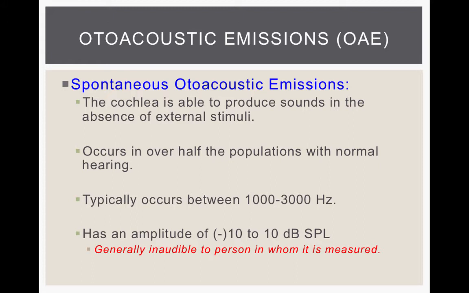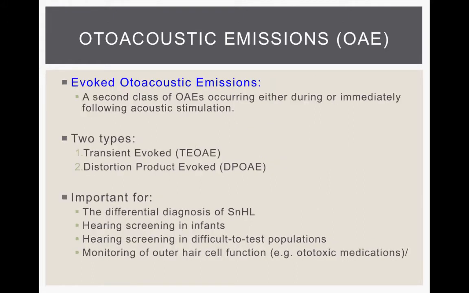And these spontaneous emissions are present in the absence of any external stimuli. So if you're just sitting very, very quiet and have a very, very sensitive microphone, I could put it in your ear and record these in 70% of people with normal hearing. The other type of otoacoustic emissions, which are much more important for audiologists, are the evoked OAEs.